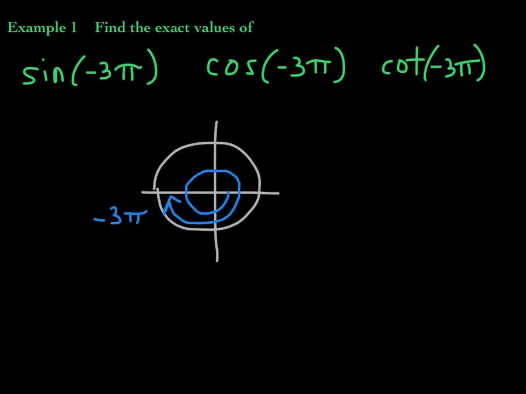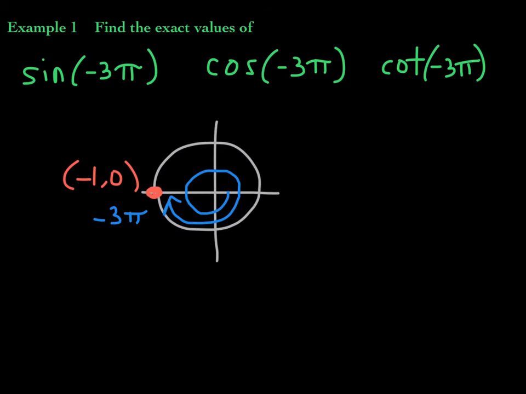On the unit circle, do you remember what the coordinates are for this point right here? The coordinates are negative 1 and 0. This value is x and this value is y, the ordered pair x comma y. X represents cosine of s and the y coordinate represents sine of s, and the s value we're considering at the moment is negative 3 pi.